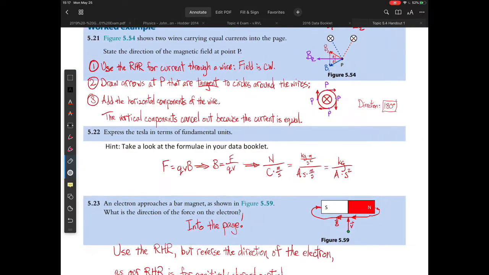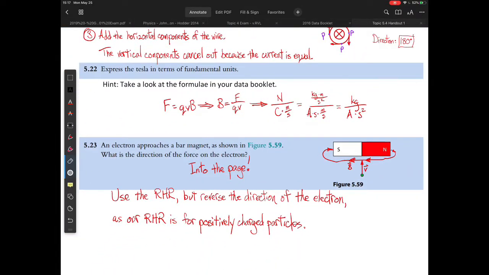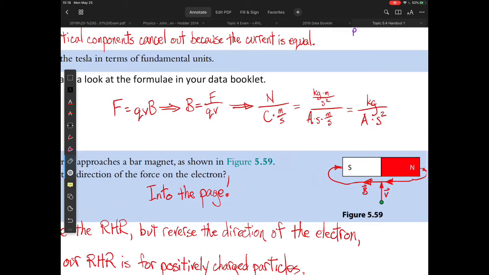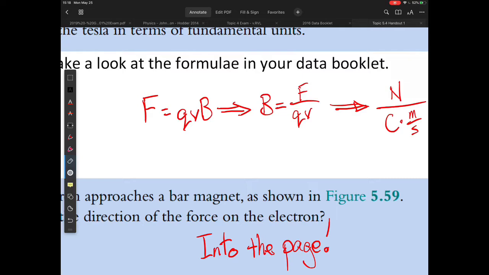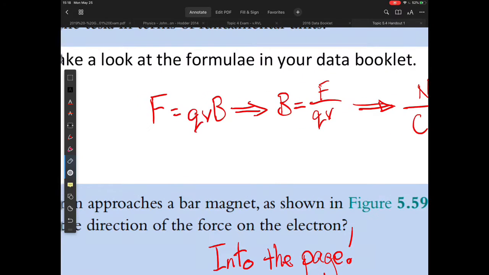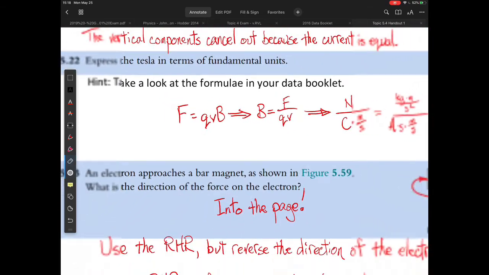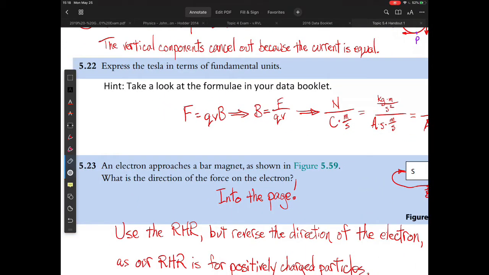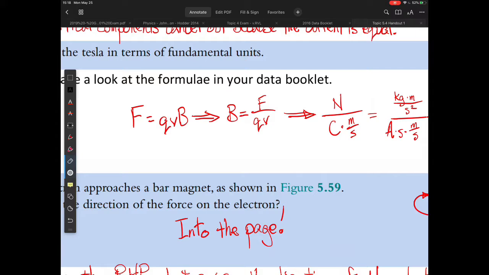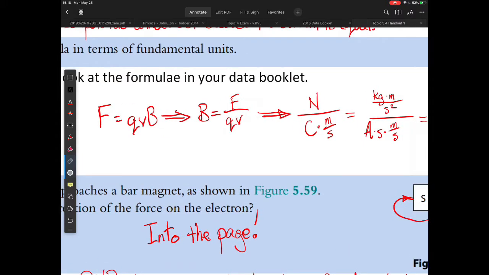For 5.22, we're asked to express the Tesla in terms of fundamental units. I've suggested that you should look at the formulae in your data booklet, and there's only one that's relevant, and that is F equals q times v times B. That is the charge of the particle times the velocity of the particle times magnetic field strength.